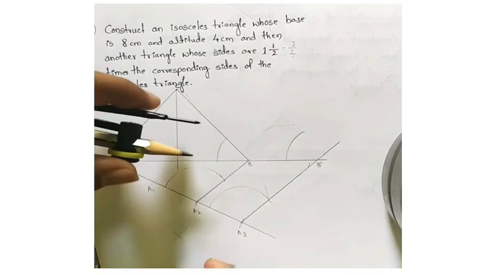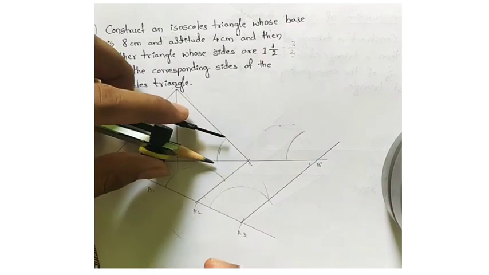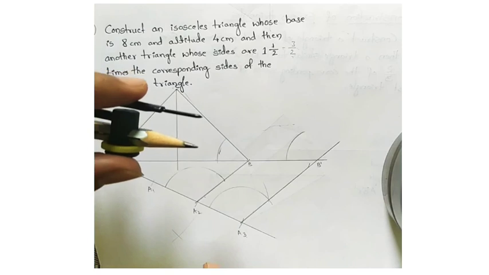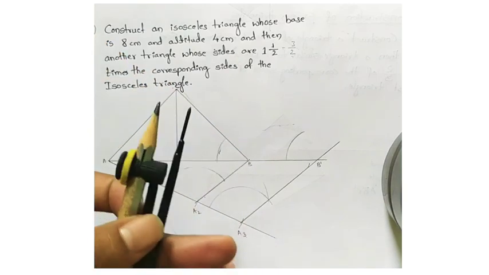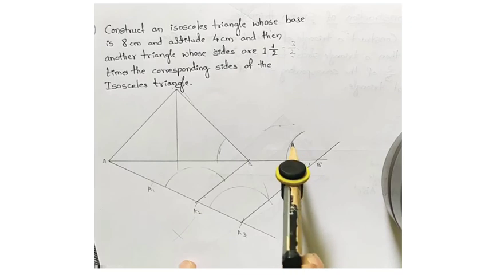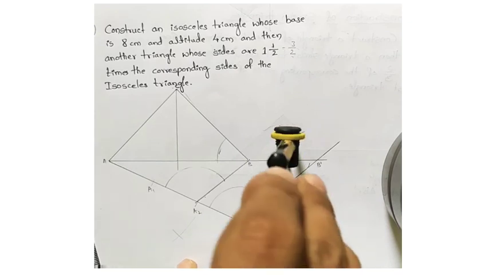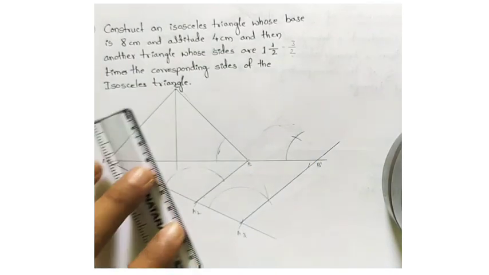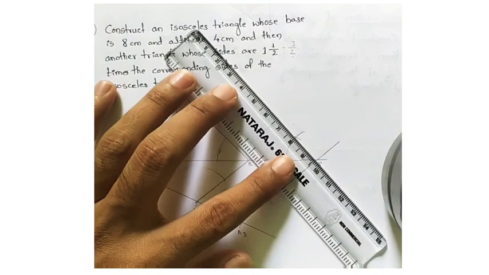Okay, measure that arc, and with the same length you have to cut the second arc. Okay, now join it.